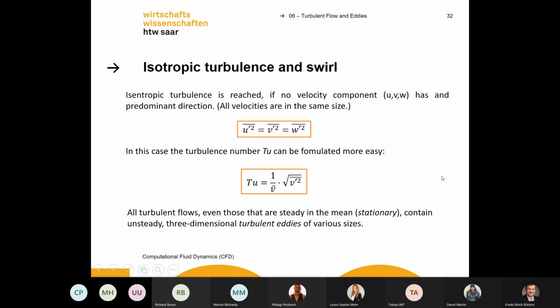So this degree of turbulence is also isentropic. Isentropic means the velocity components do not have a direction anymore. If you calculate this turbulence number, you don't have a real direction anymore.